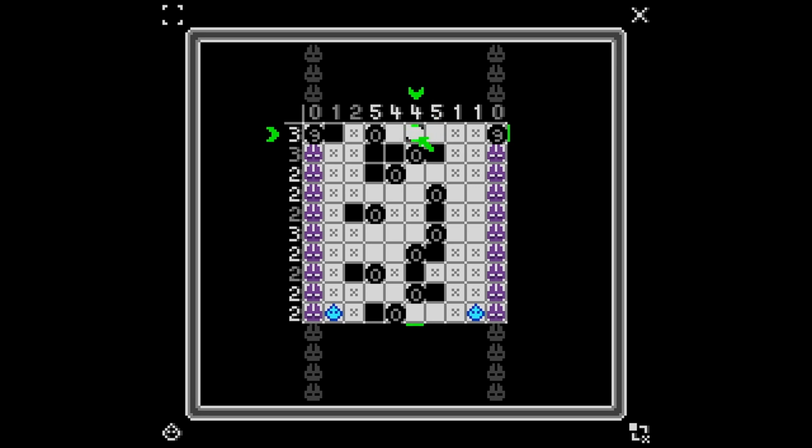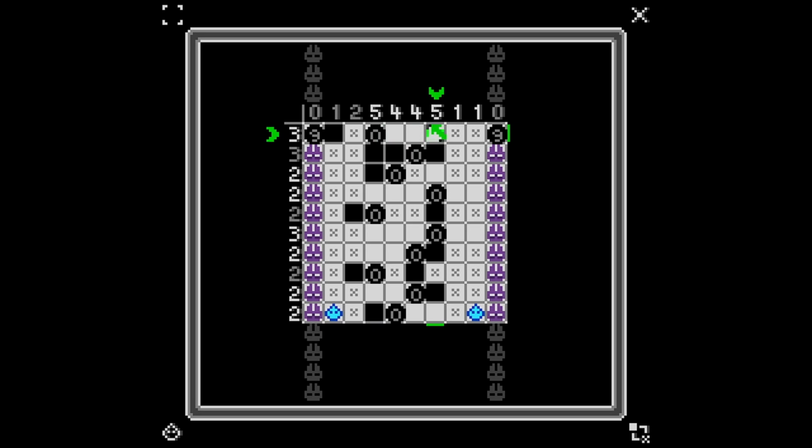Now we can also determine that one of the walls here has to be here, because, well, actually, let's see here. Yeah, because no matter what, we need space here, because this bomb is going to be blocked off from the top side.